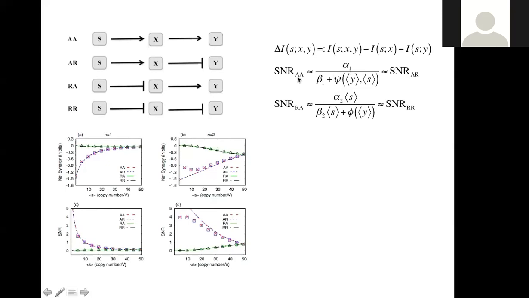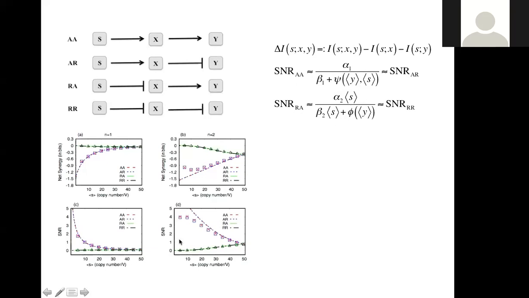In both cases, the activation and the activation-repression have the same expression. On the other hand, the repression-activation and the repression expressions for the signal-to-noise ratio or fidelity have the same kind of expression.